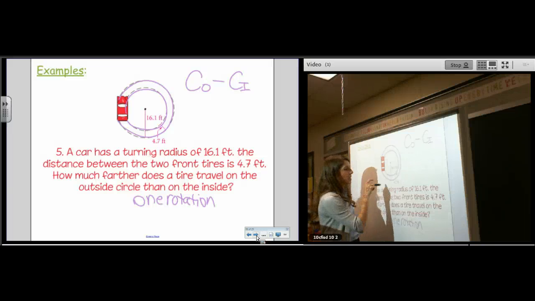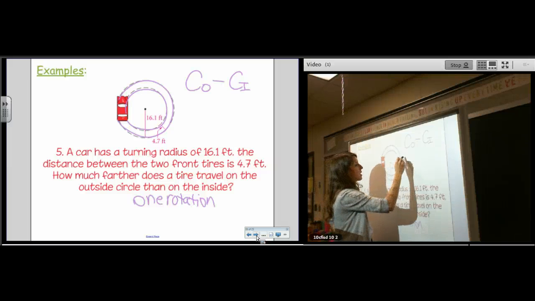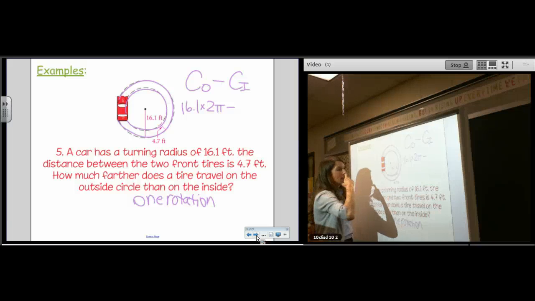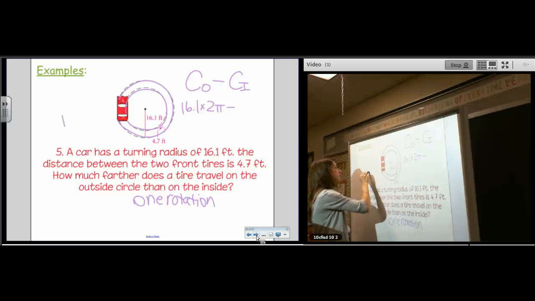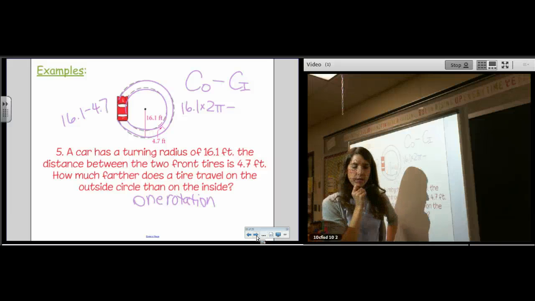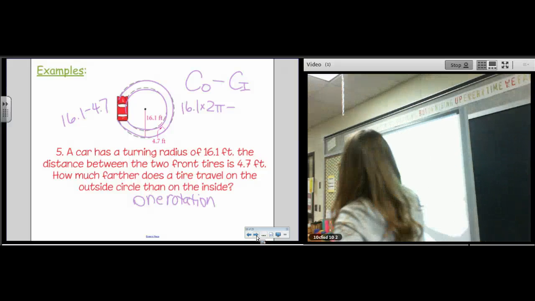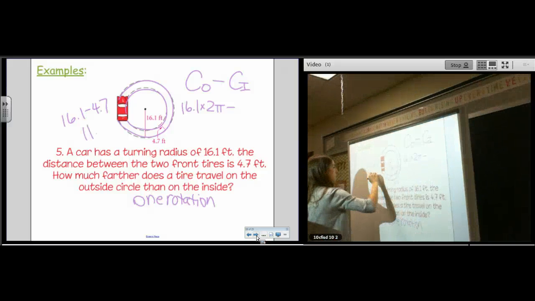So the radius of the outer one is 16.1. And the radius of the inner one, we have to do 16.1 minus 4.7. So we can find out the radius of the inner one. 11.4.